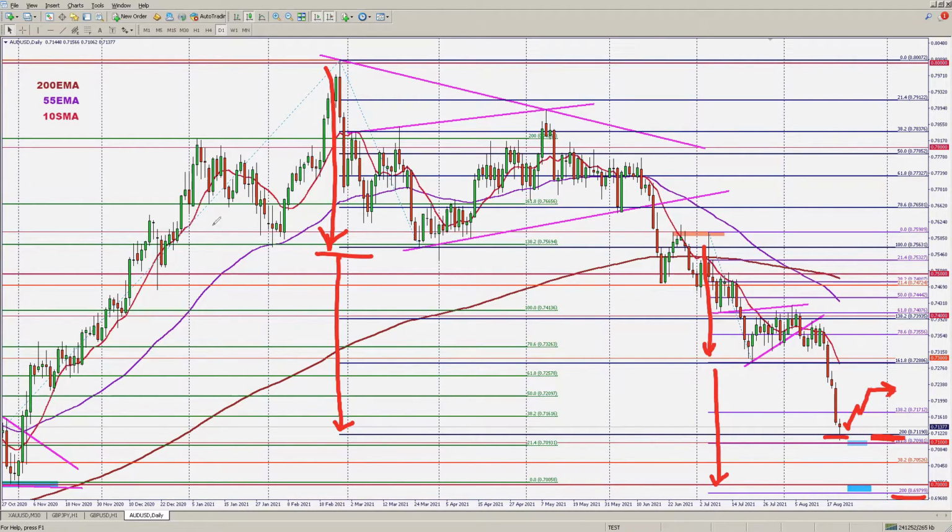But as you can see, after hitting the peak, it took a while, up to 5 months before it formed a valid head and shoulders pattern, and then a break below the neckline, and then finally hitting this 200 fib area.